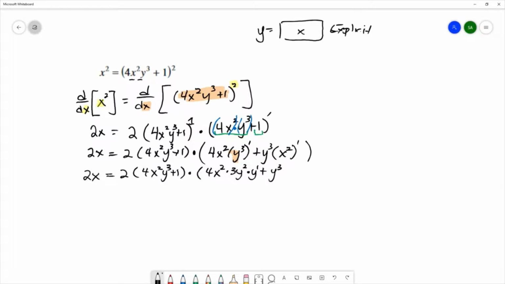And then I'll find the derivative of x squared, and there the variables do match, and I take the derivative like normal to get 2x. So I've calculated all of the derivatives that I can calculate. Let me just write this a little cleaner.